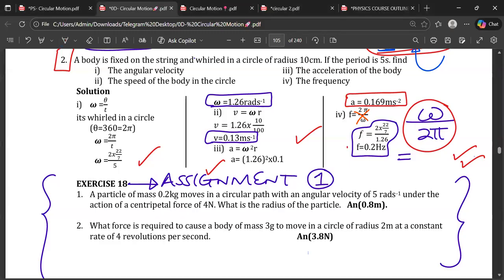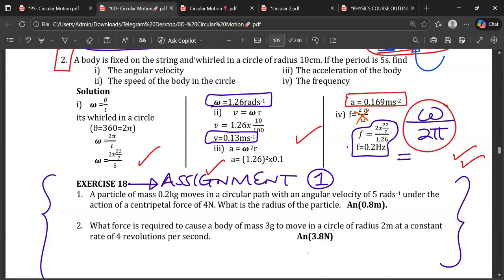Sammy, I would like to inquire how they got the acceleration. Is it correct if you place it in the calculator like that? Let me check. 1.26 squared times 0.1.